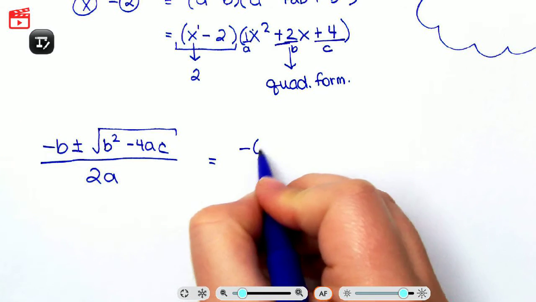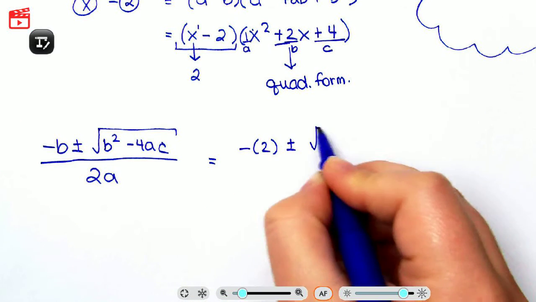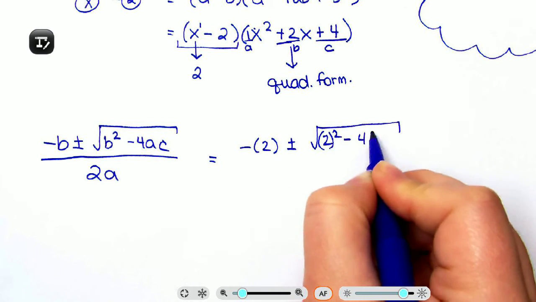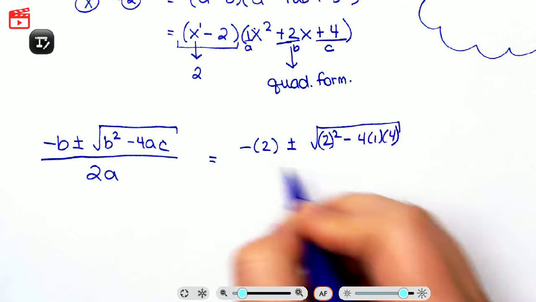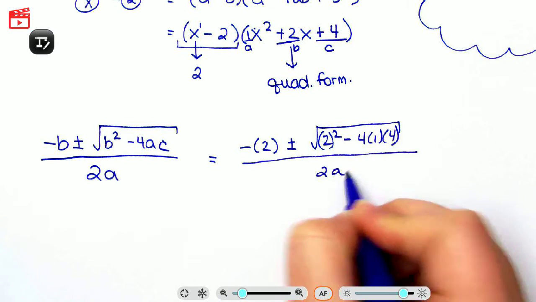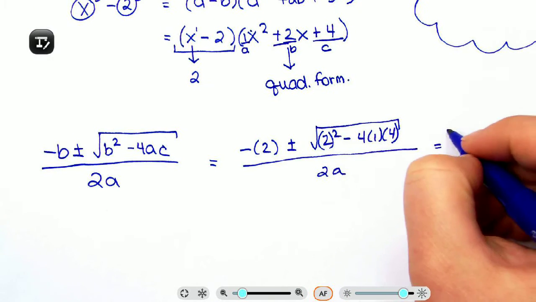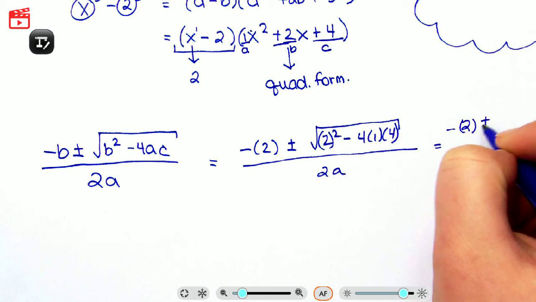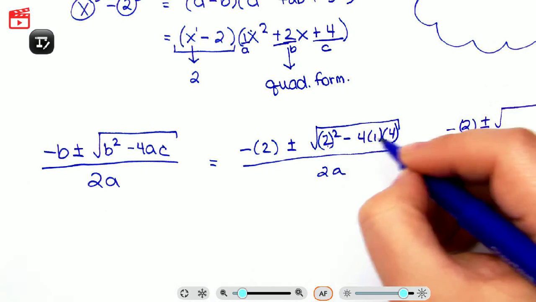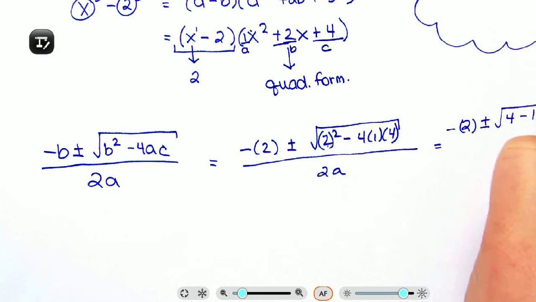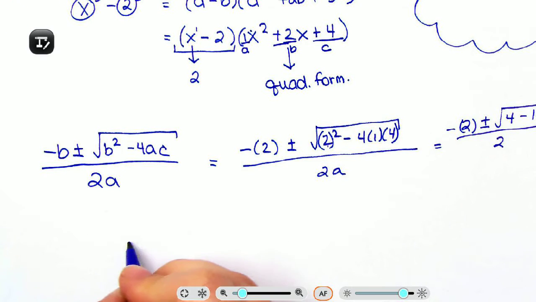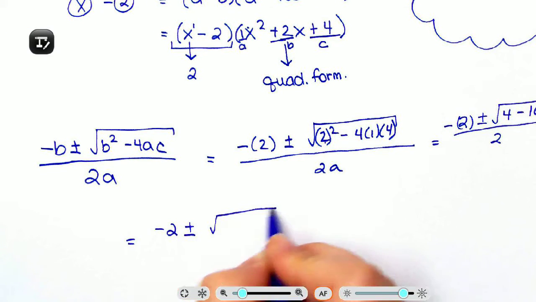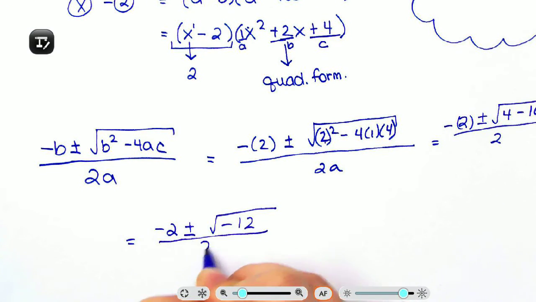All right, so negative 2 plus or minus the square root of 2 squared minus 4ac, all over 2a. So here we have negative 2 plus or minus the square root of 4 minus 16, divided by 2. So we here have negative 2 plus or minus the square root of negative 12, divided by 2.